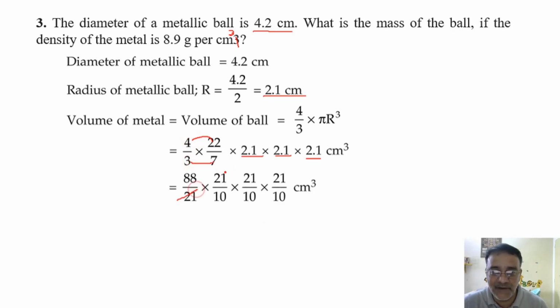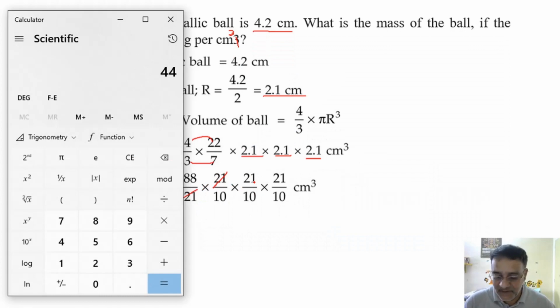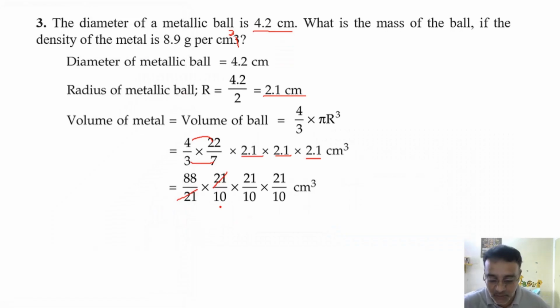So 21 we can cancel. Now we have to find 21 into 21 into 88. 441 into 88. So we are getting 38,808 by 1000. So this is the volume. And density of metal is given 8.9 gram per centimeter cube.